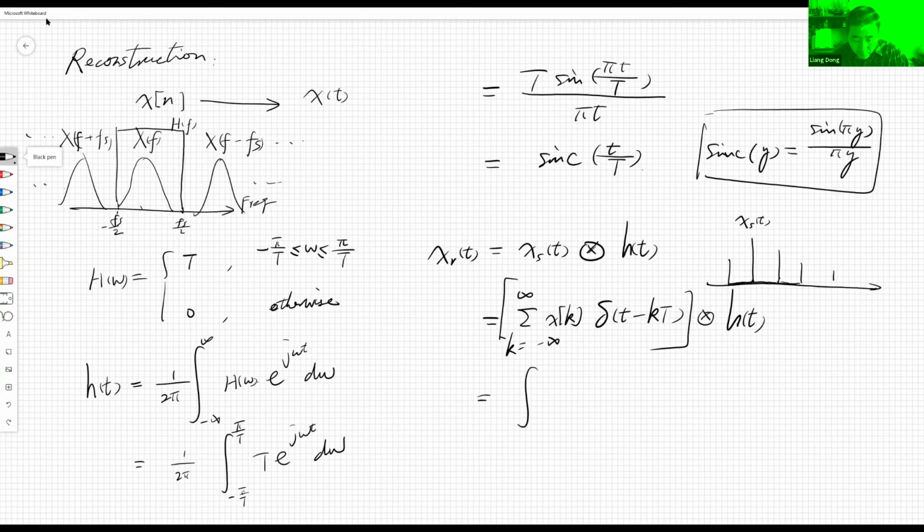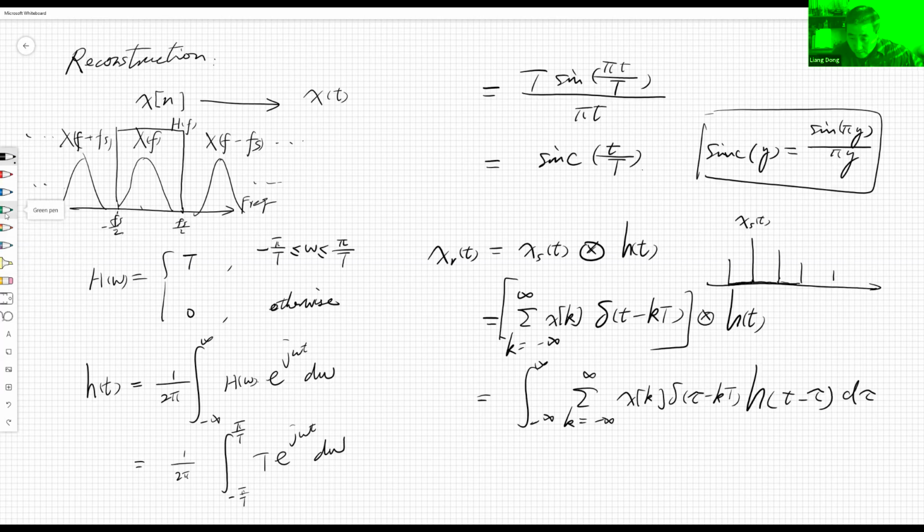A convolution is an integration over tau of the sum over k from negative infinity to infinity of x[k] delta(tau minus kT), times h(t minus tau) d tau.